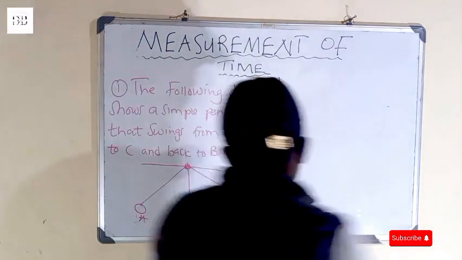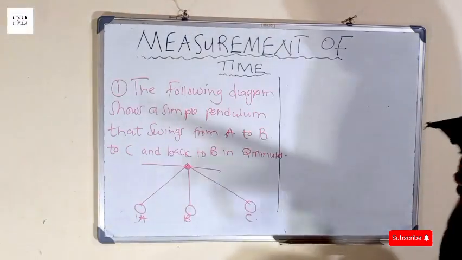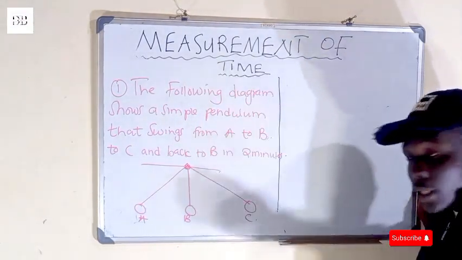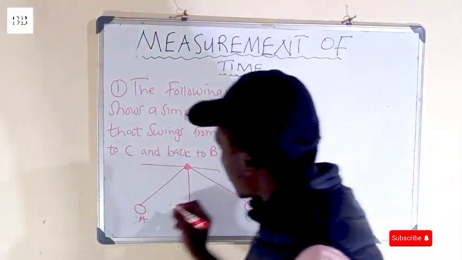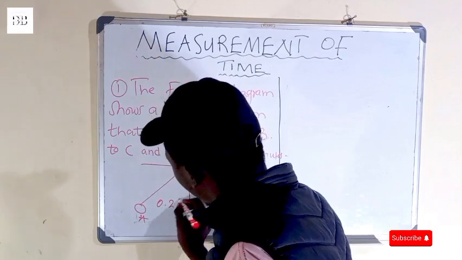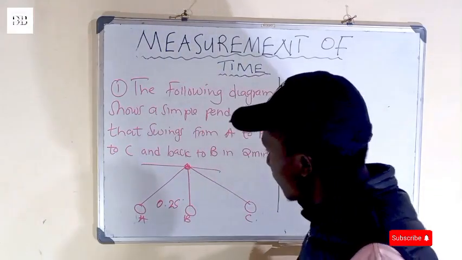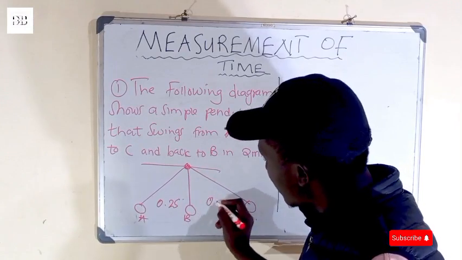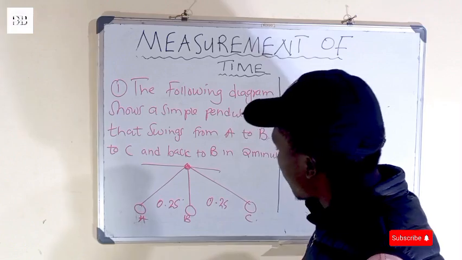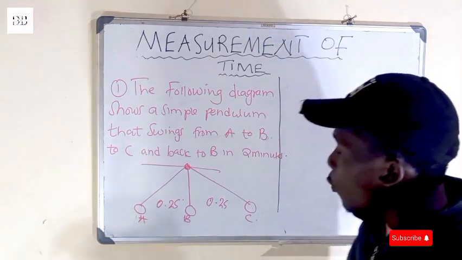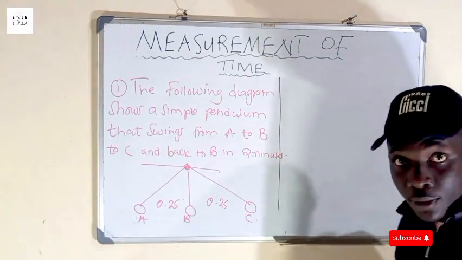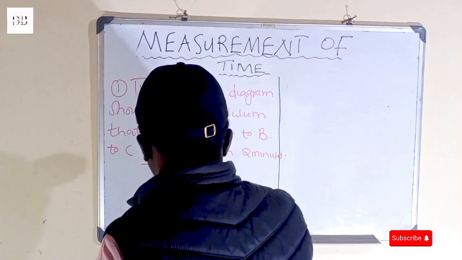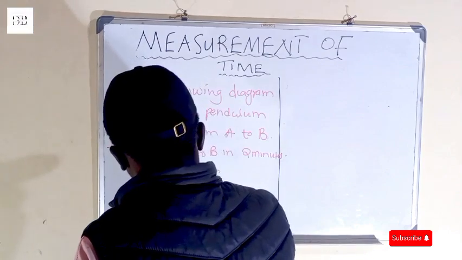Ladies and gentlemen, I want you to keep one thing in mind. The distance between 2 points in a pendulum always gives a 0.25. So this is a 0.25, and also this is a 0.25, which gives us a 1 when we add them together.